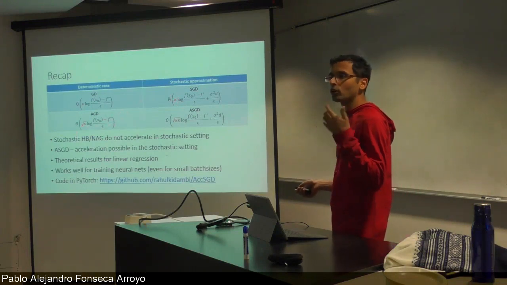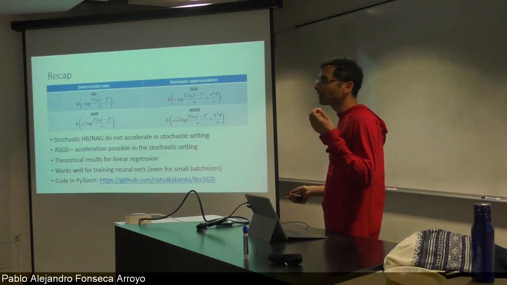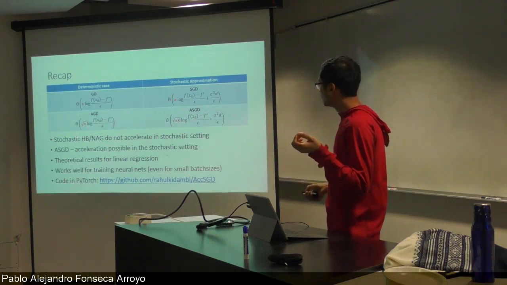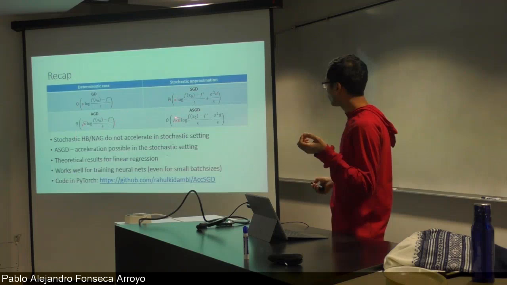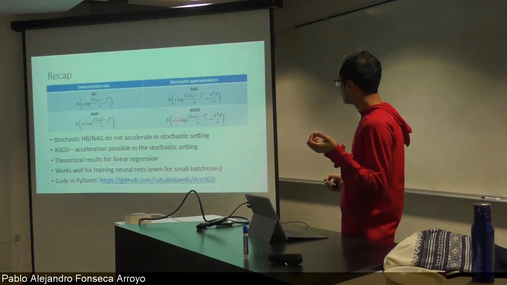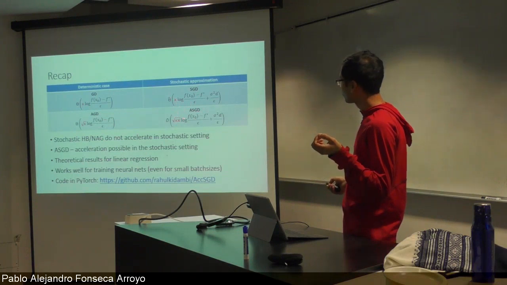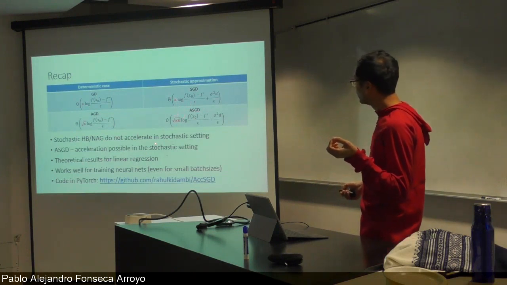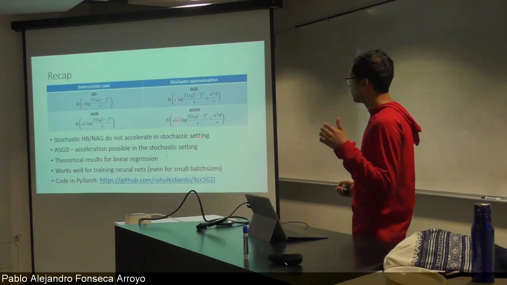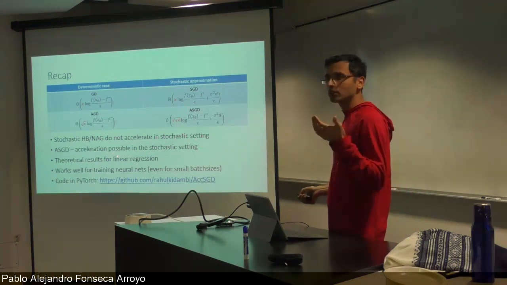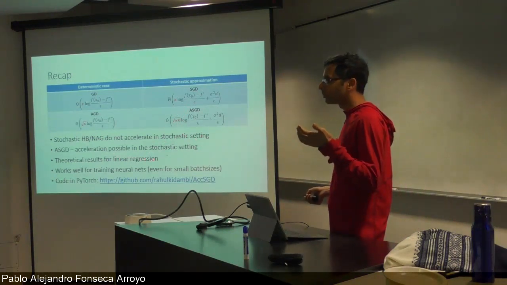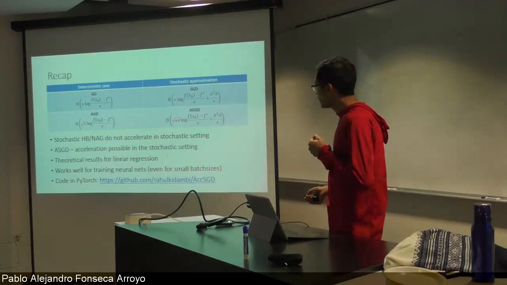It turns out that we cannot always do it, and there are some cases where we can, and the parameter that captures whether we can do it or not is this statistical condition number kappa twiddle. We design an algorithm which improves this kappa to a square root of kappa twiddle, and we also show that stochastic versions of popular momentum methods like heavy ball and Nesterov do not get this kind of improvement.